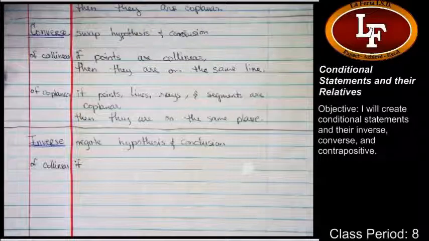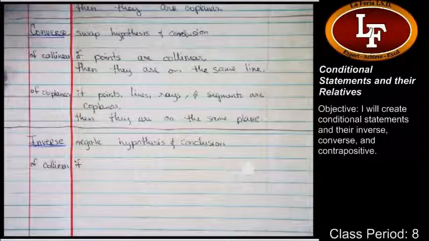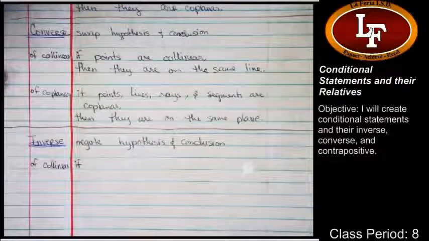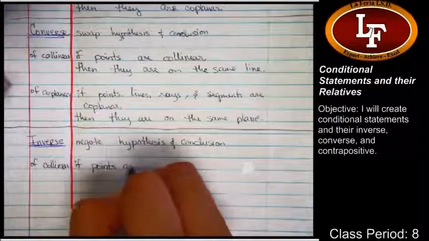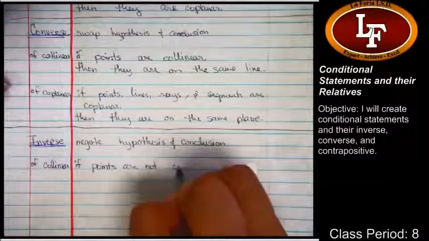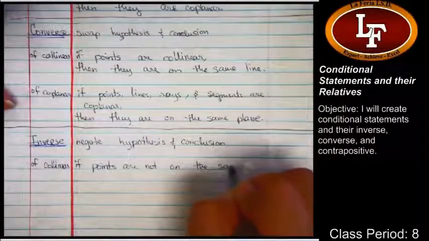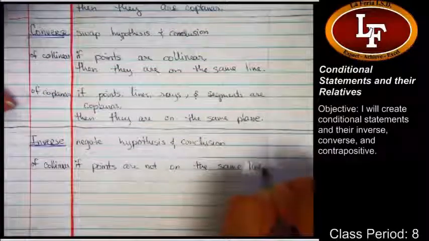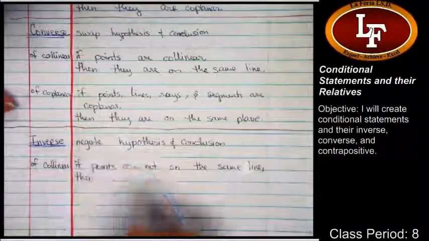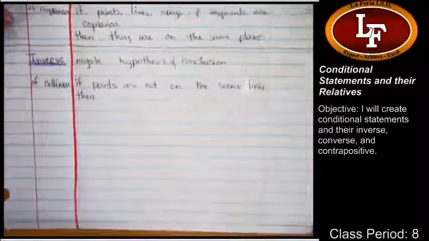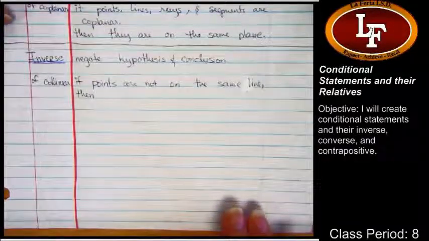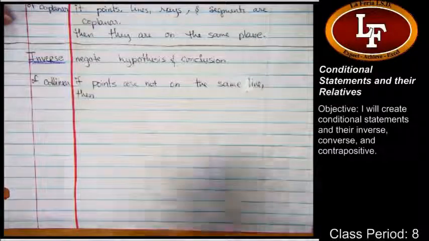Points are on the same line. So negate it. They are not on the same line. So if points are not on the same line, then what was the original conclusion? They're not collinear.